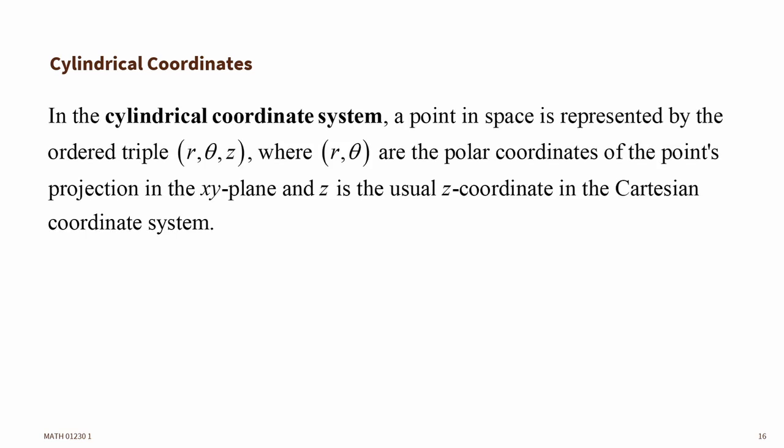In the cylindrical coordinate system, a point in space is represented by the ordered triple r, theta, z. The ordered pair r, theta are just your standard coordinates from polar, and z is your standard z coordinate in Cartesian.